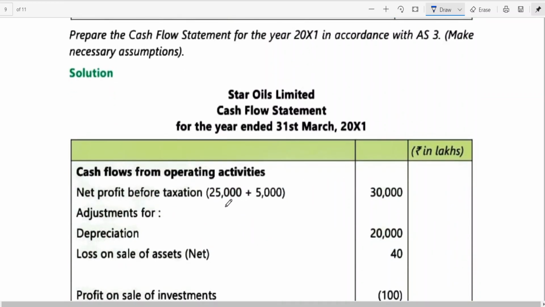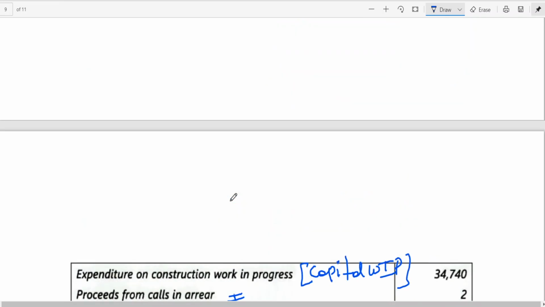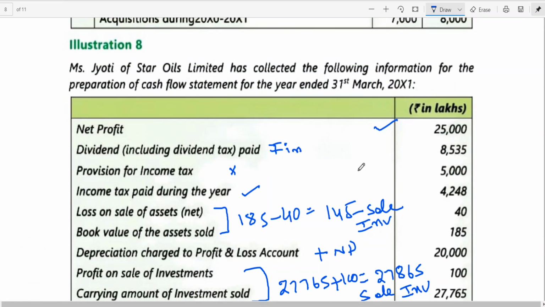So net profit before taxation. You can see what net profit has been given, 25,000. Net profit, provision for income tax has been given as 5,000.